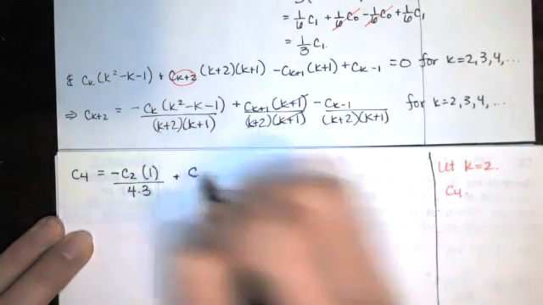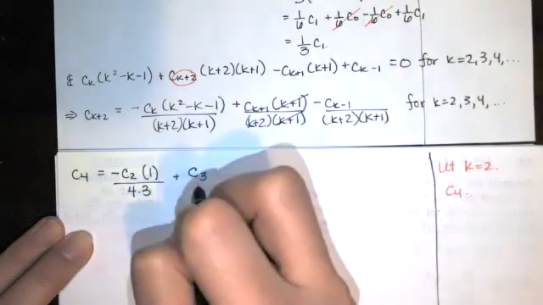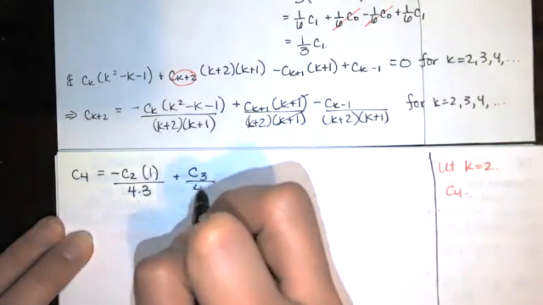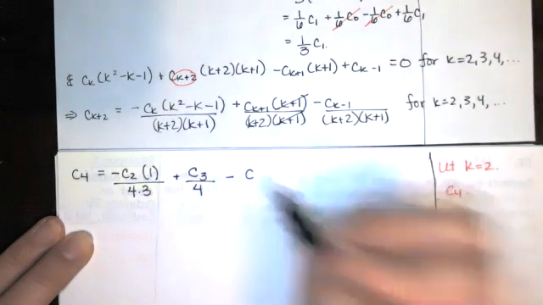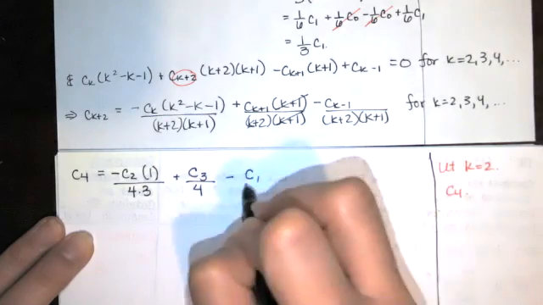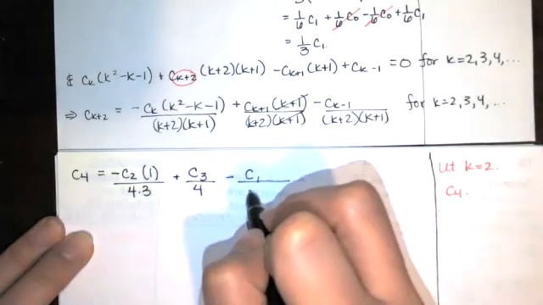And then we'll have c sub k plus 1, so that's c sub 3, over k plus 2, which is 4, minus c sub k minus 1. When k is equal to 2, that's going to be c sub 1 over 4 times 3.